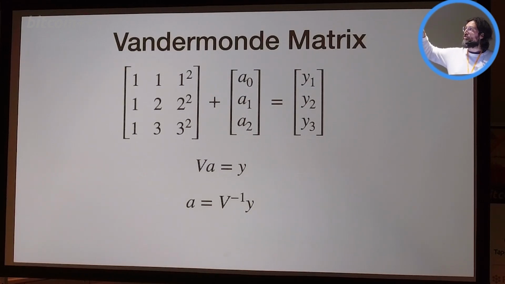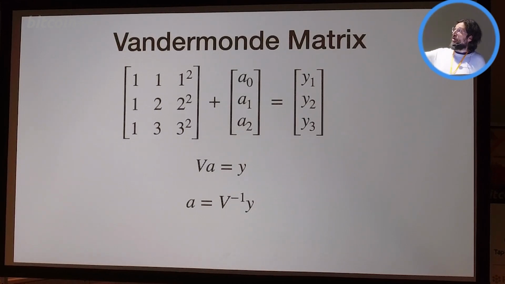It's a way of describing how a polynomial works with matrices. So if V is our Vandermonde matrix, V times the coefficient vector A equals the share vector.